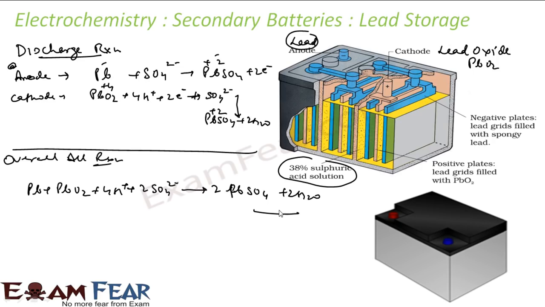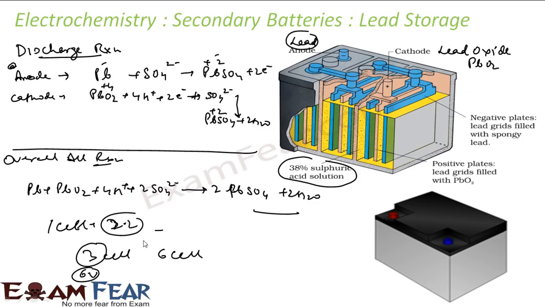Correct? So each cell is 2.2 volt. Generally they are either used in 3 cells or 6 cells. If using 3 cells, the total voltage will be 3 into 2.2, approximately 6 volt. But if using 6 cells, 6 into 2.2, approximately 12 volt, because when you add in series there's some voltage drop also, right?